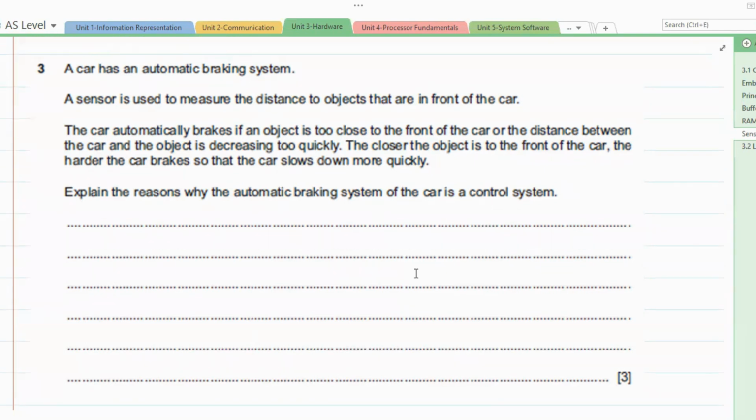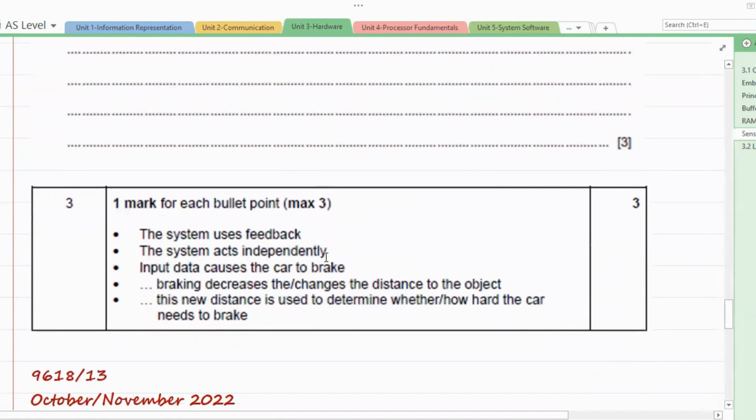We have already covered what a control system is, right? In this scenario, this is a control system because the sensor provides feedback, the system processes the data, the system automatically makes decisions, and the brakes are applied without human intervention. That's exactly what a control system does, right? So this is the answer key. Have a look.